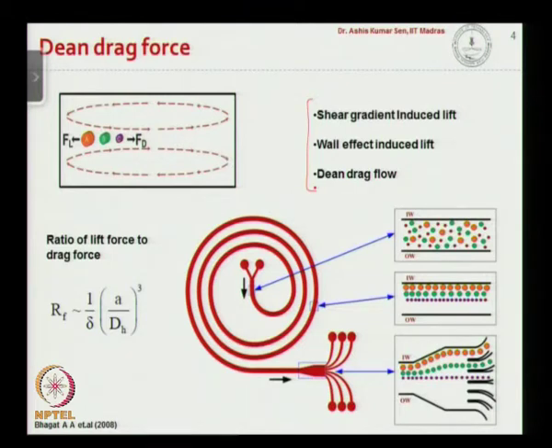Now, if a particle is moving through a channel, the difference between the particle velocity and the liquid velocity is higher closer to the wall as compared to a particle closer to the center.